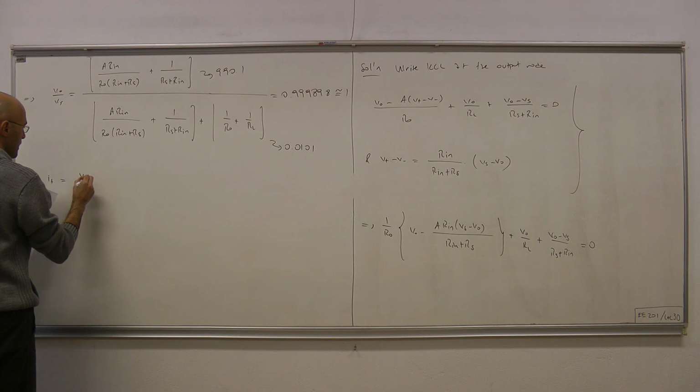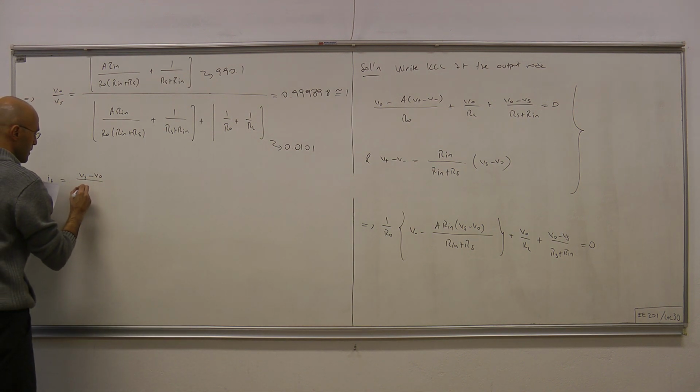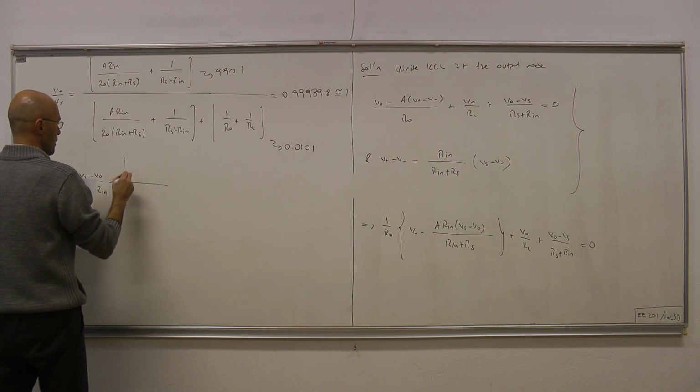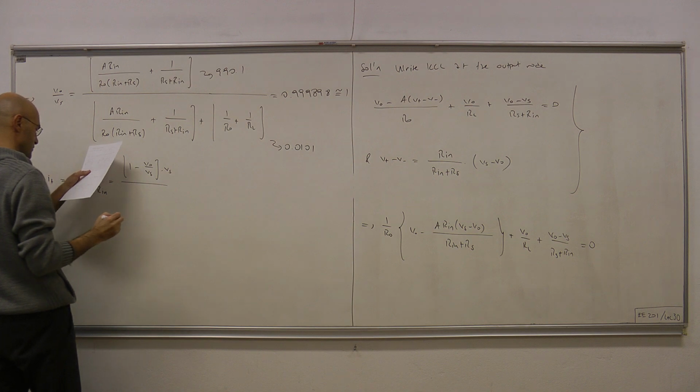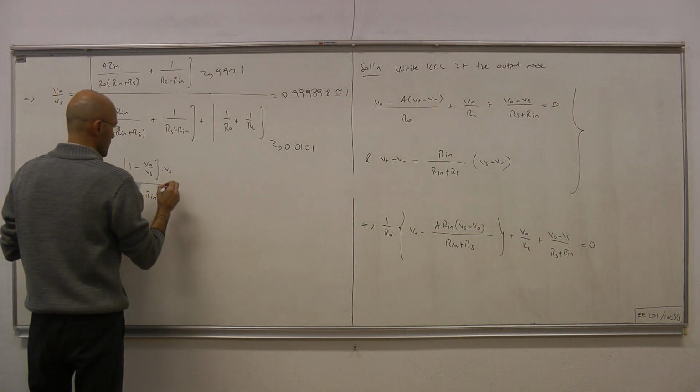Let's see how close it is to 0. It is (Vs minus V out) over (Rs plus Rin), so that we can write as (1 minus V out over Vs) times Vs over (Rs plus Rin).